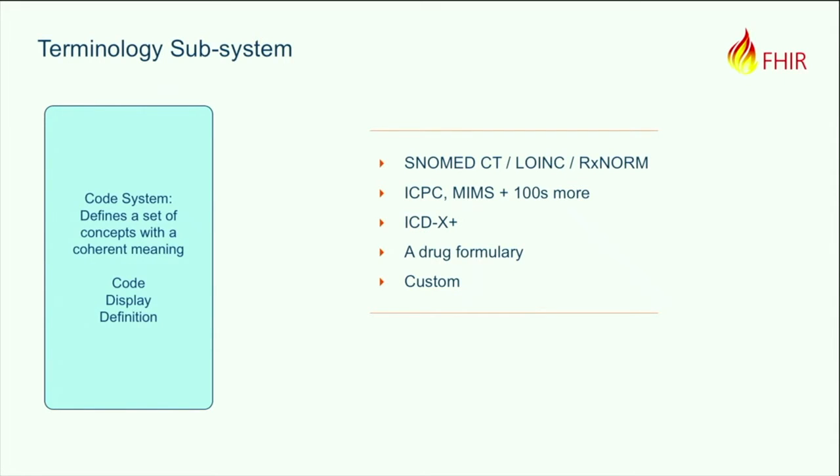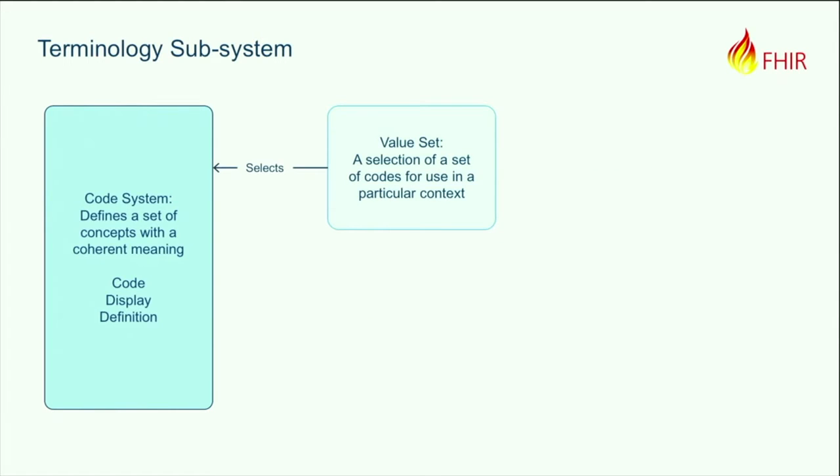FHIR actually allows you to define your own set of code systems if you want to. Obviously, it's not a preferred way of doing things, but the option is there. And the value set then selects the set of codes for a particular purpose, for a reason. A single value set can have bindings to more than one code system, if that is appropriate for your particular use case.